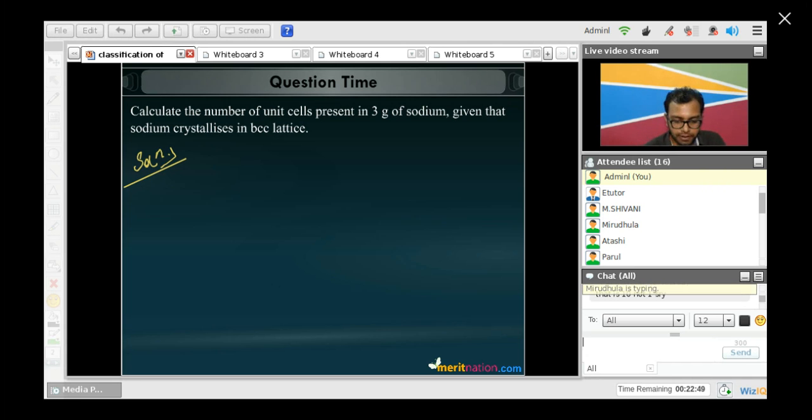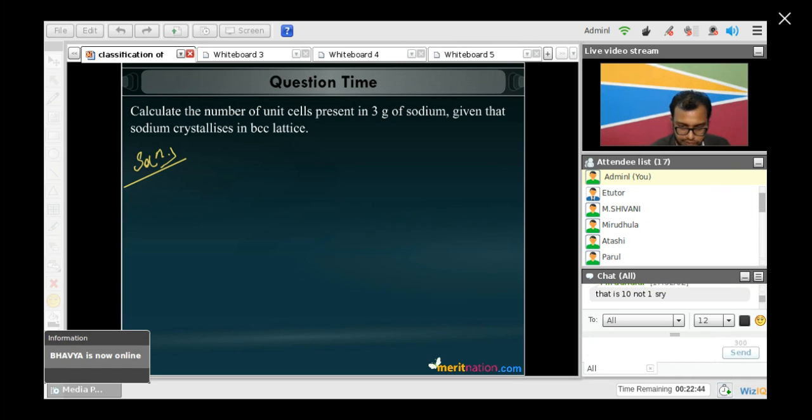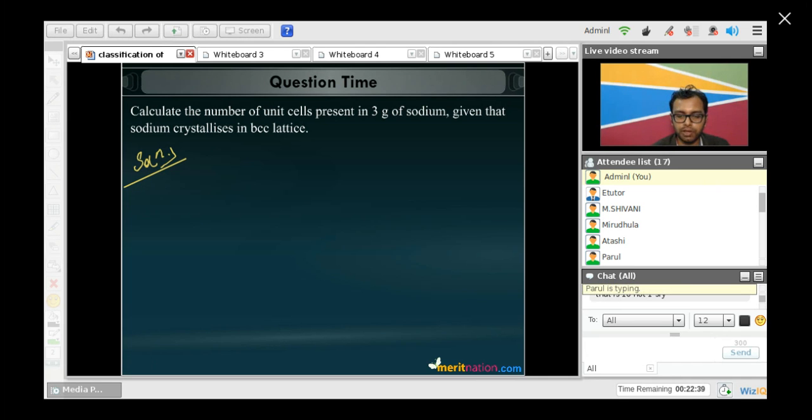Fine. I'm showing you one method. Okay, I will show you both the methods. The first method is you can calculate the total number of atoms present in the 3 gram sample. Now the total number of sodium atoms present in the 3 gram sample will be equal to how much? It is 3 divided by 23. This is the mole of sodium, right?